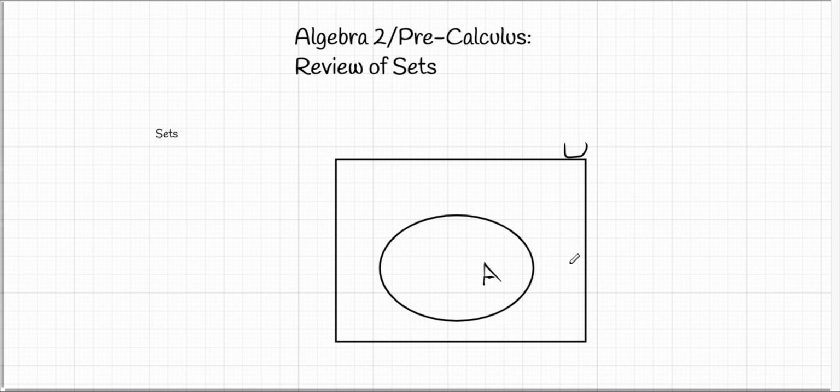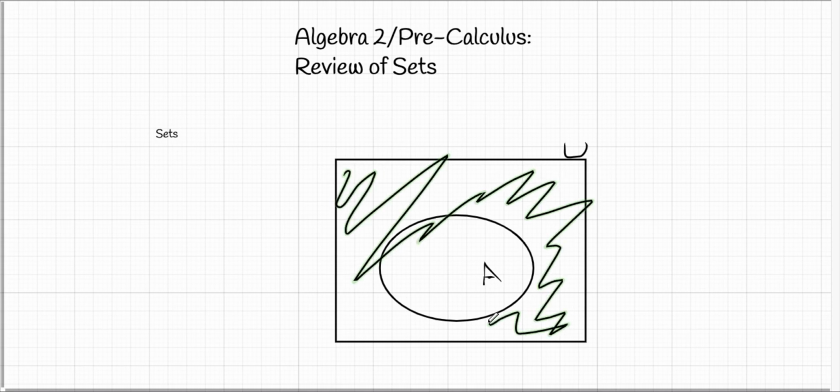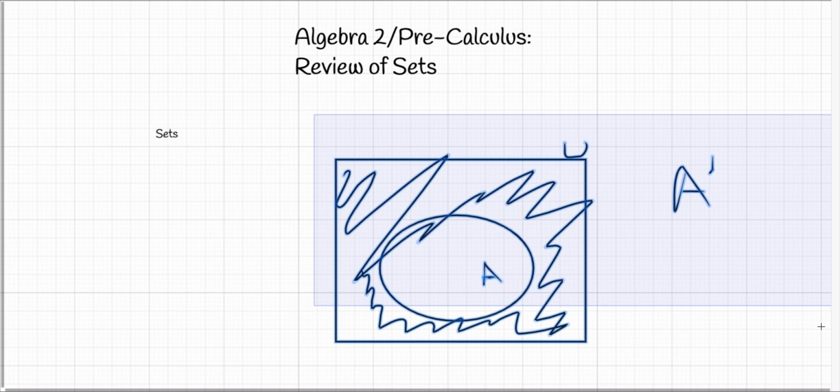It contains all elements in discussion. So the complement of a set A is basically everything that's in U but not in A. That can be represented by A prime. So there's this little apostrophe up there that signifies it's A prime. So that's the complement of a set.